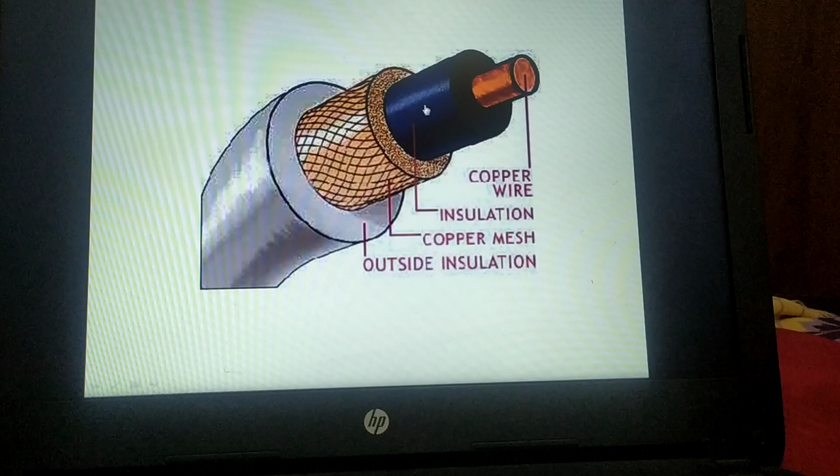Whereas the other form of this coaxial cable is thinnet, which is hardly only 185 meters long, wherein only a single signal can be transmitted from one point to another at one point of time. Whereas in thicknet, multiple signals can travel at the same time.